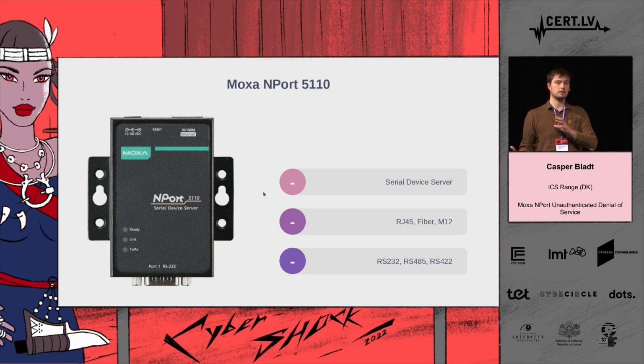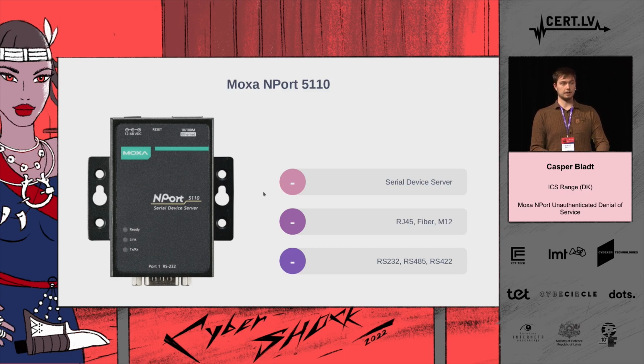It could connect to these devices using different serial buses such as RS-232, 485, and even some of them can do 422. On the other side, it will do Ethernet in any way, RJ45, fiber, some still use M12.